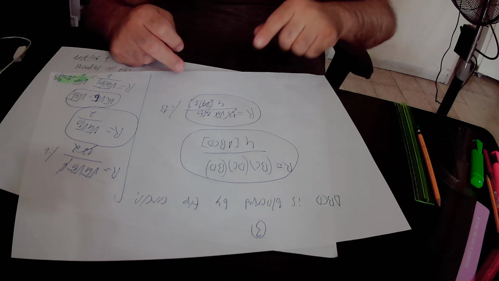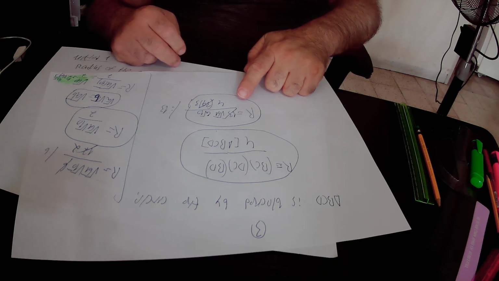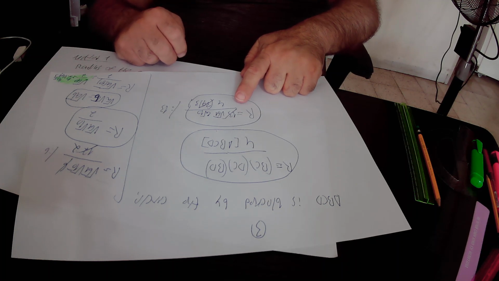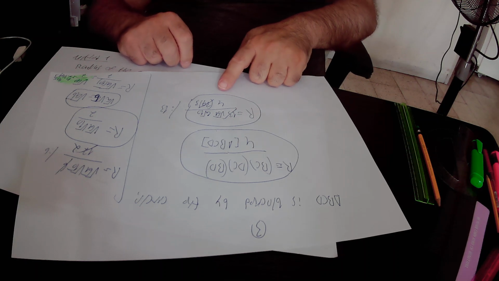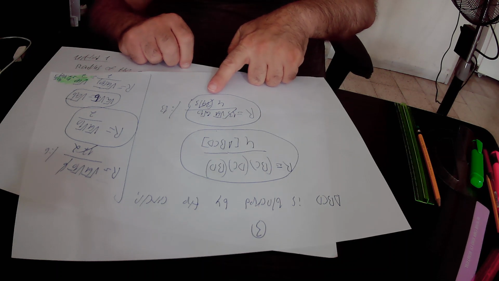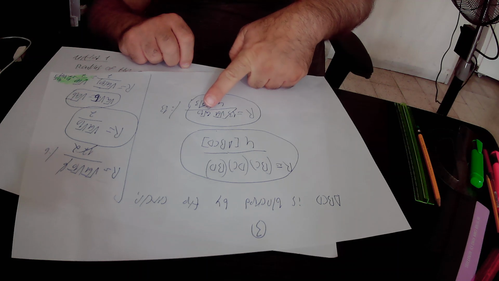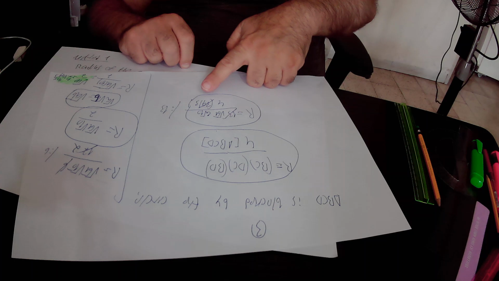Here we divided both the numerator and the denominator of this expression by 13. So in the numerator we have 13 over 13 is 1, so 13 will get cancelled. In the denominator we have 4 times 39. And 39 over 13 is 3. So we cancelled 39 and we wrote 3 instead.